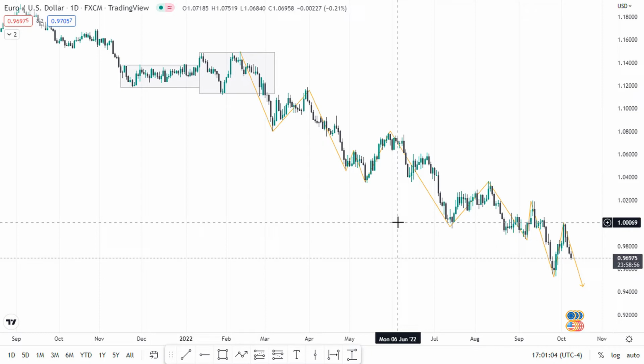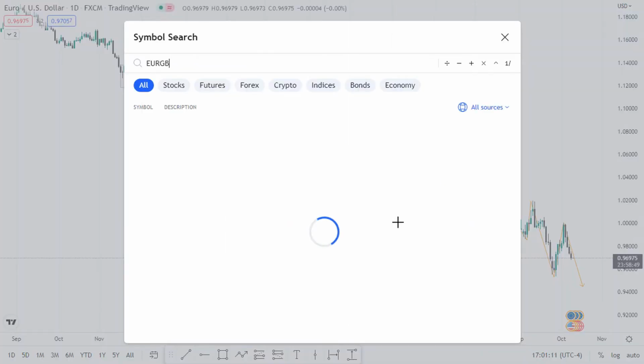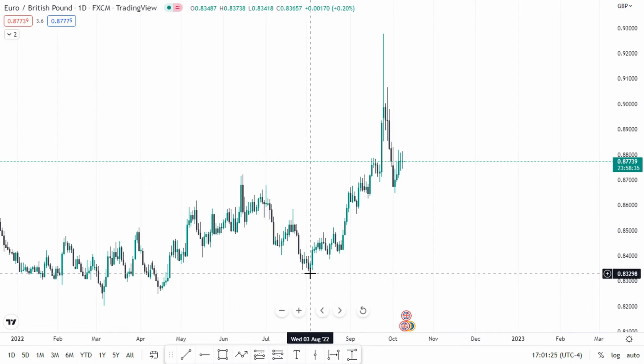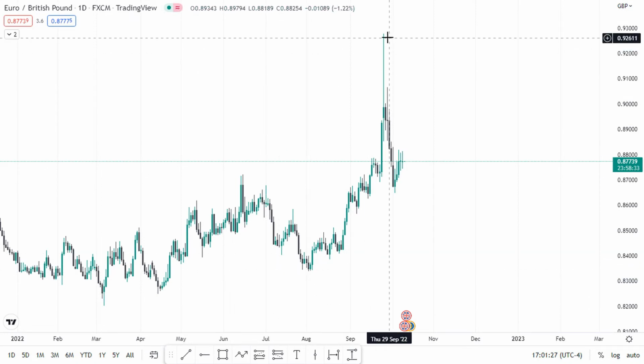And another thing we need to understand is market is fractal. But before we look at the concept of that, let's look at Euro GBP. So Euro GBP is a typical example of an uptrend. We realize from this point up to this point, price kept on going higher.